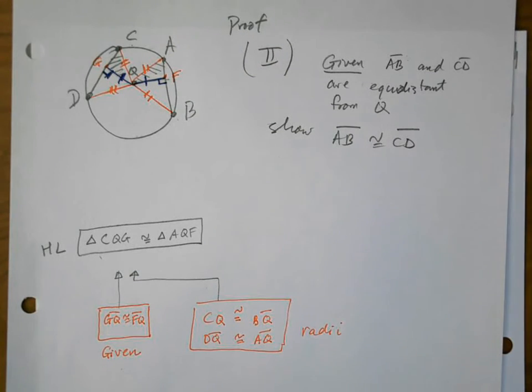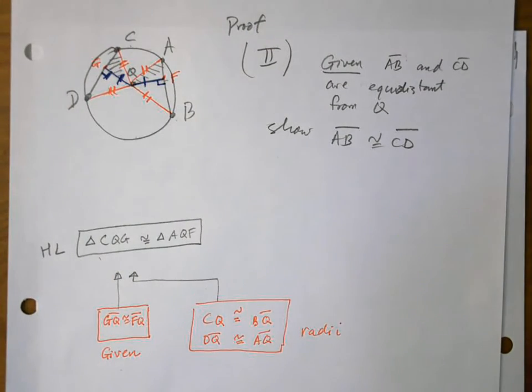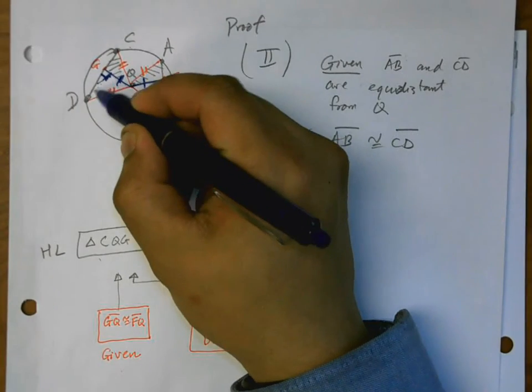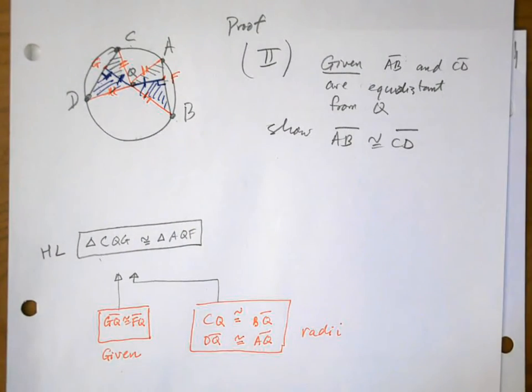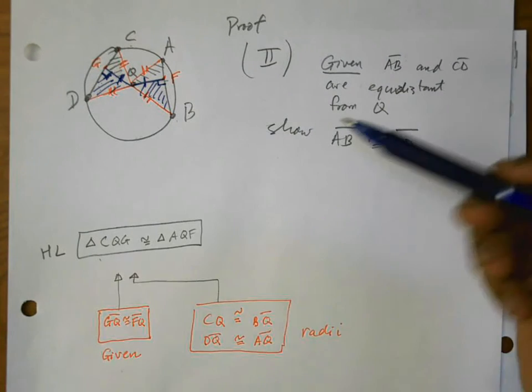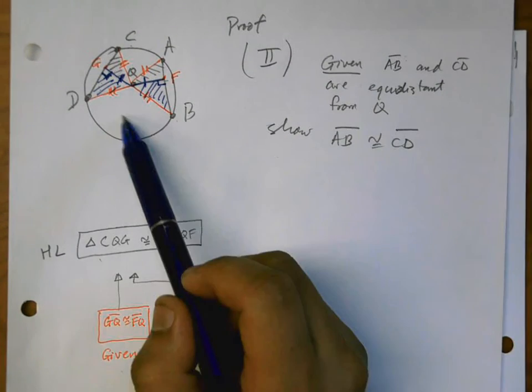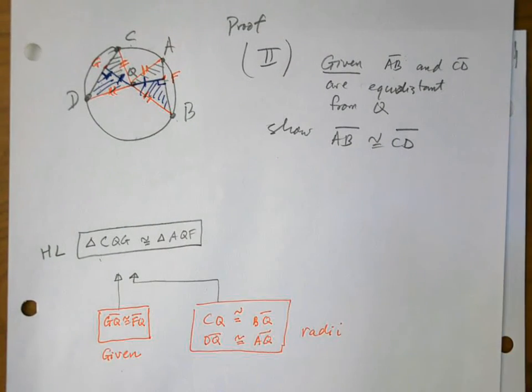Okay? So I get one set of triangles here that are congruent by hypotenuse leg. But if you notice, I also get these 2 here, these blue ones, that are also congruent by hypotenuse leg. And they come from the same reason, because this is the hypotenuse here, and this is a leg.